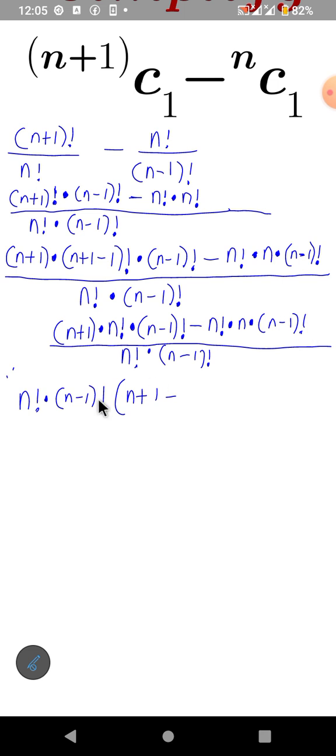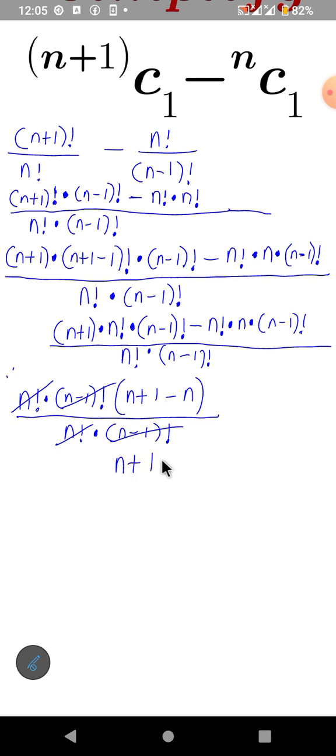Then now this expression divided by this, now n will be left, so we say minus n all over n factorial multiplied n minus 1 factorial. Now n factorial will divide n factorial, n minus 1 factorial will divide n minus 1 factorial. Then we are now left with n plus 1 minus n.